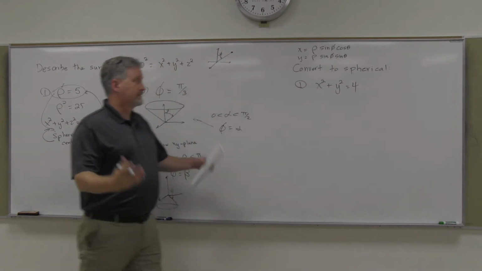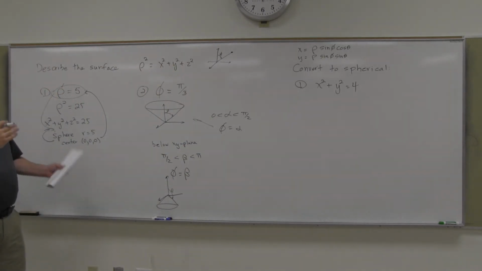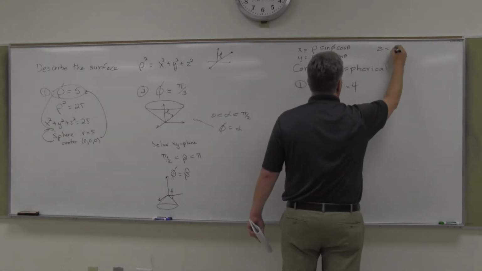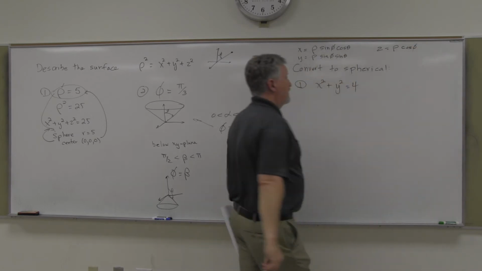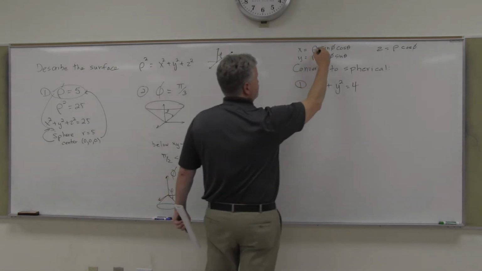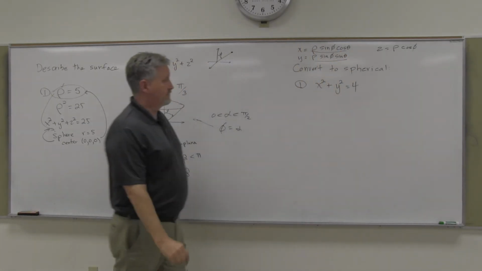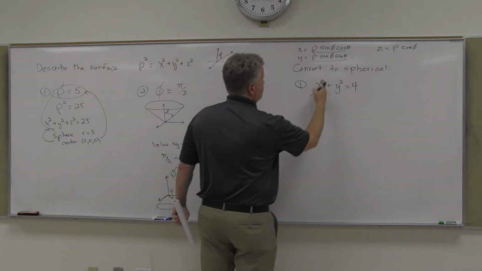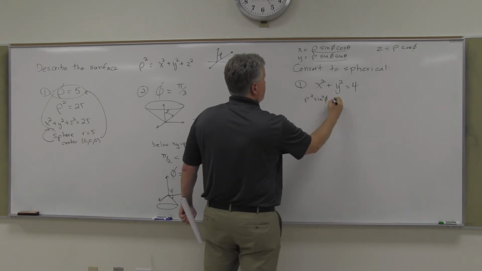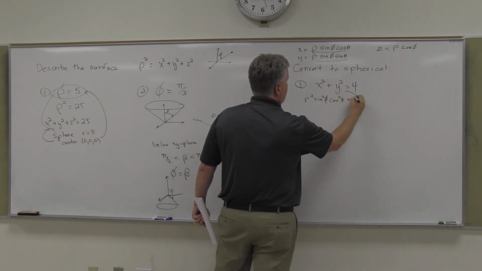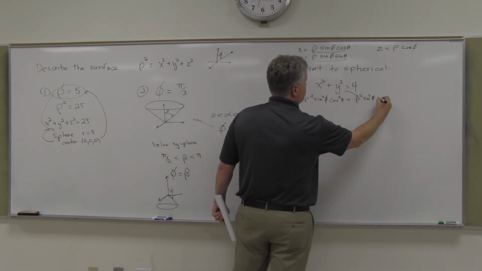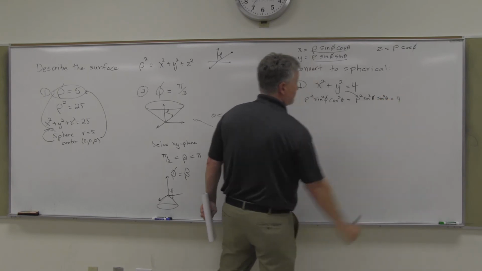That's our direct conversion from spherical to Cartesian. And z is rho cosine phi. We can directly substitute those in. Squaring, it'll be rho squared sine squared phi cosine squared theta, and y squared would be rho squared sine squared phi sine squared theta, equals 4.